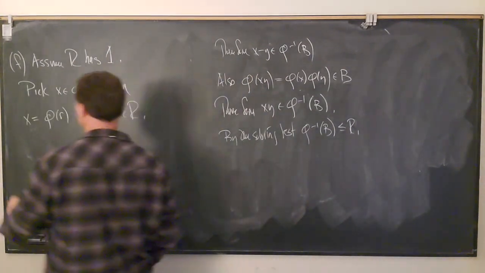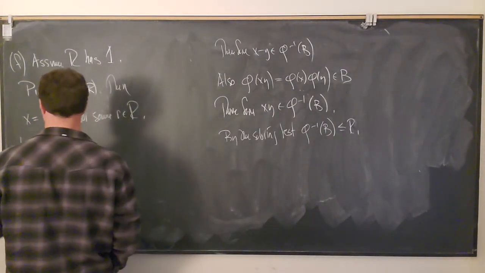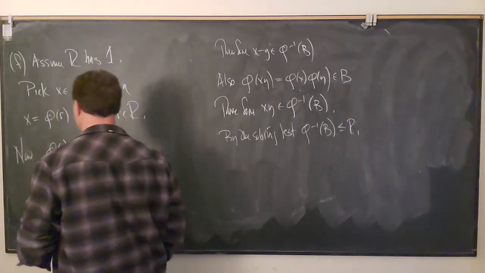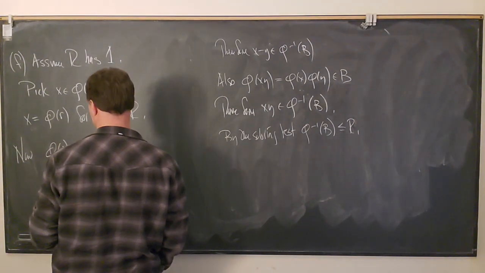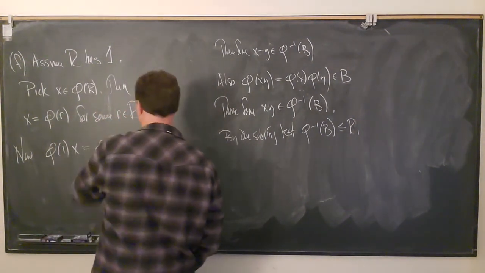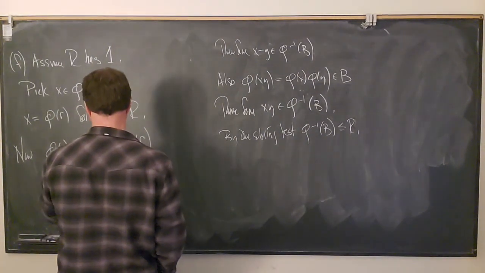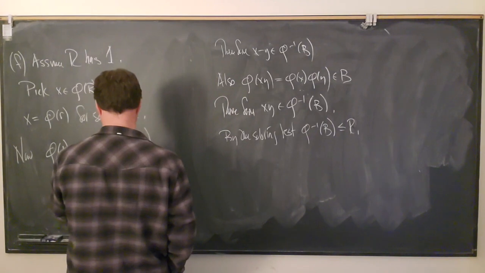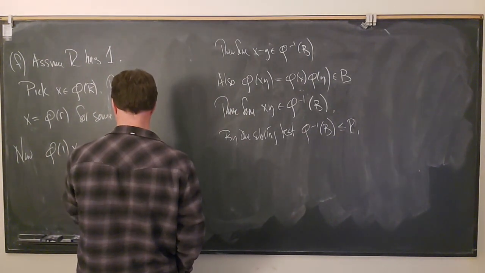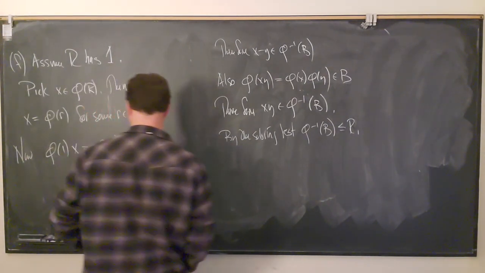So now, if I look at phi of 1 times x, that's equal to phi of 1 times phi of r, which is equal to phi of 1 times r, which is equal to phi of r, which equals x.